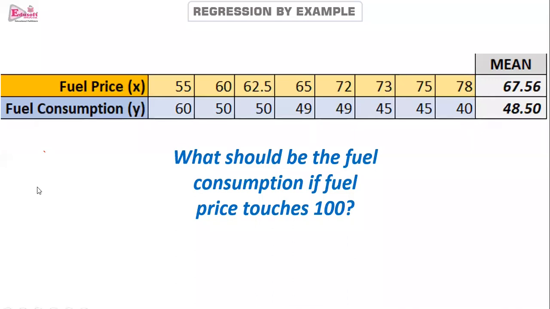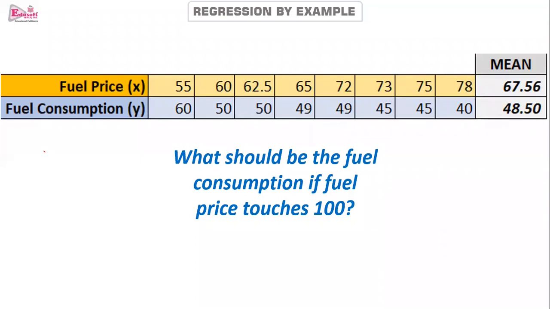Now let us take one simple example to understand regression. For example, I am a transporter, and in transport, fuel is the lifeblood. So here I have the consumption history of my business. When the fuel price was 55 rupees, my fuel consumption was 60,000 liters.